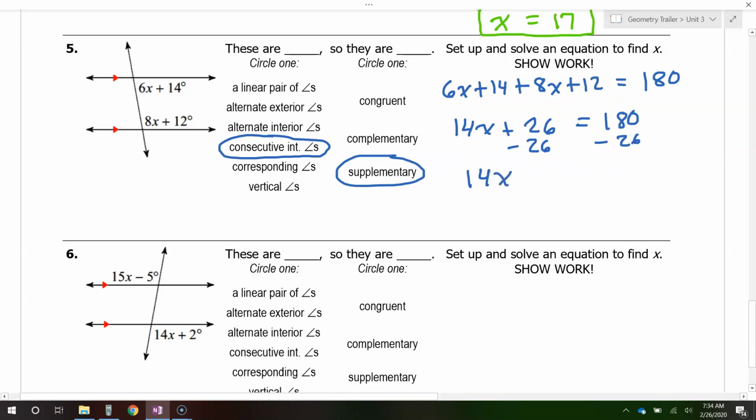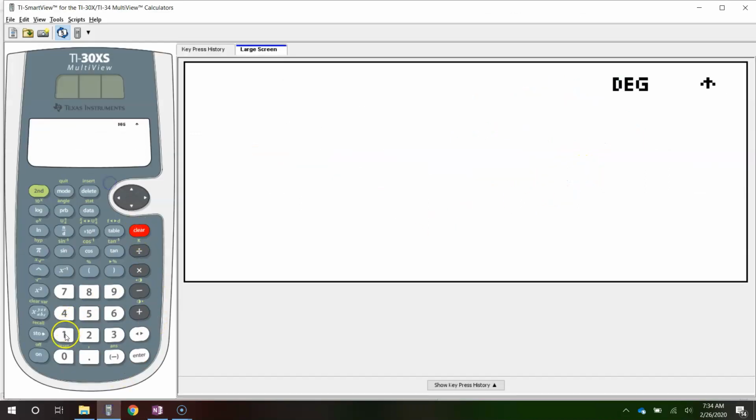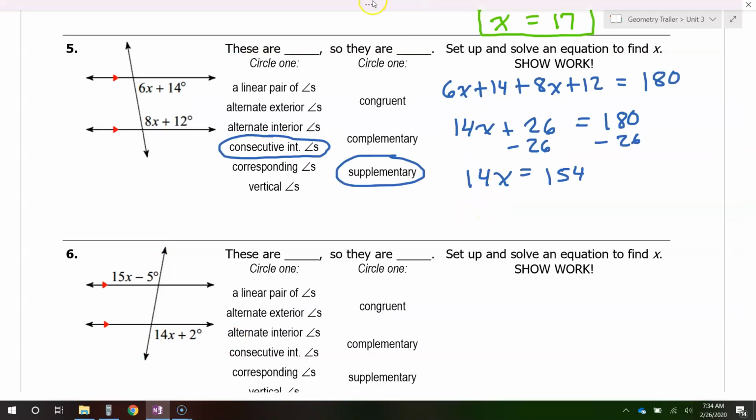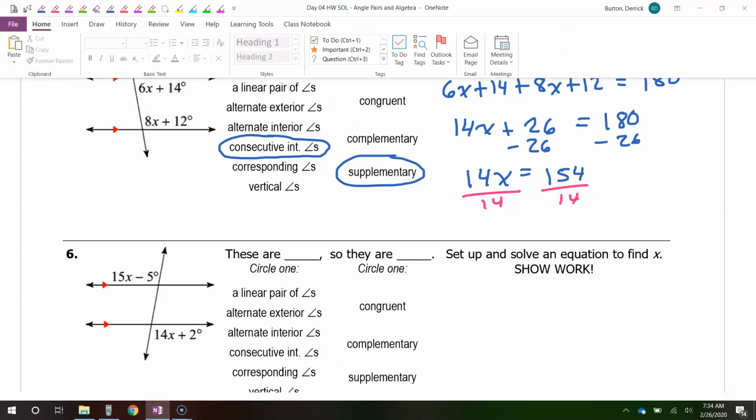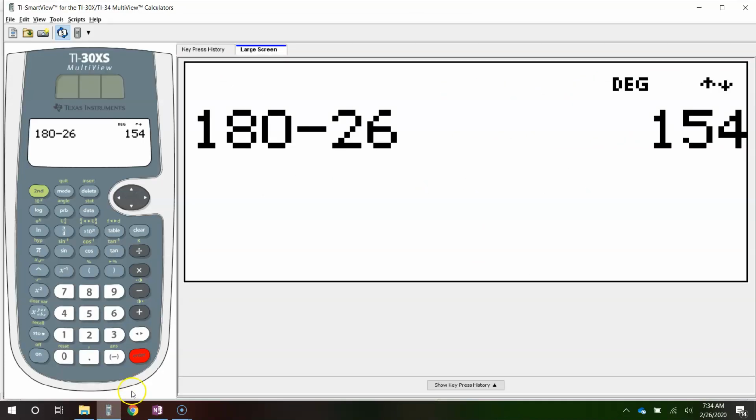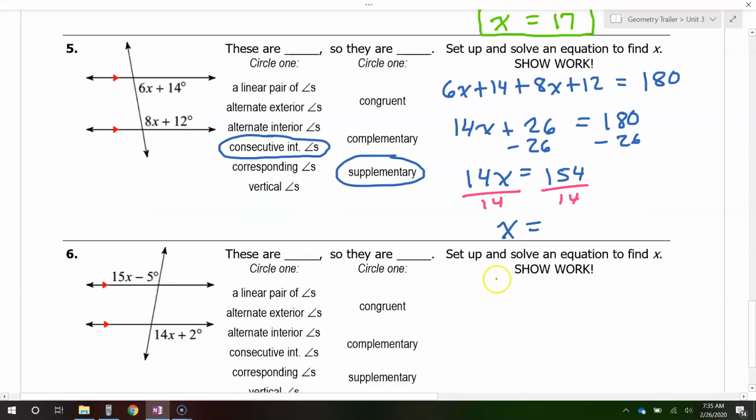So I'm going to get 14x is equal to 154, because I'm doing 180 minus 26. And then we will divide by 14 to get x by itself. That's 11.